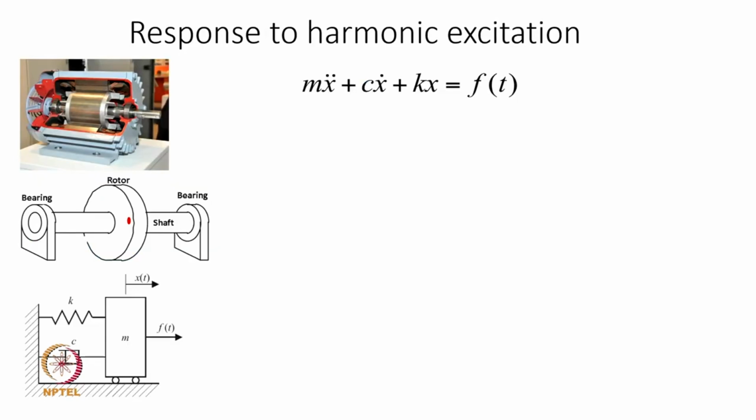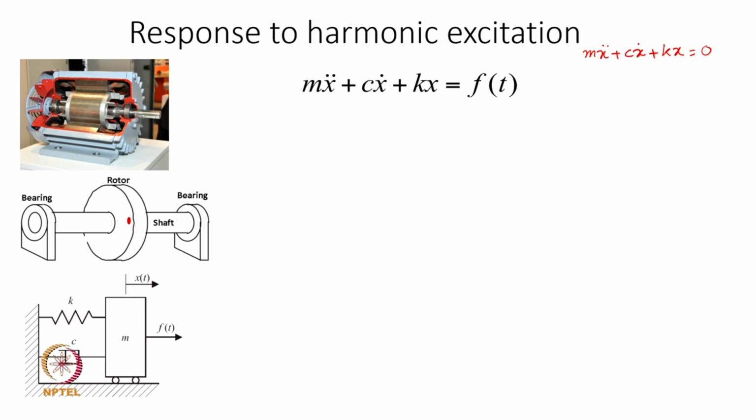Okay, so, when we say response to harmonic excitation, the right hand side, which we usually kept equal to 0 in our earlier discussion of the governing equation of motion for a single degree of freedom system, started with response to initial condition.